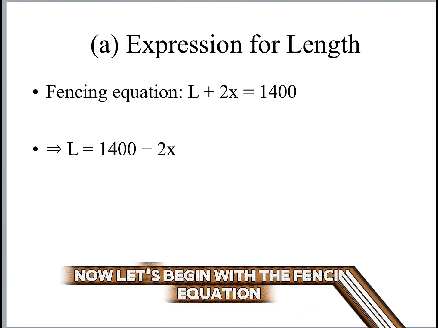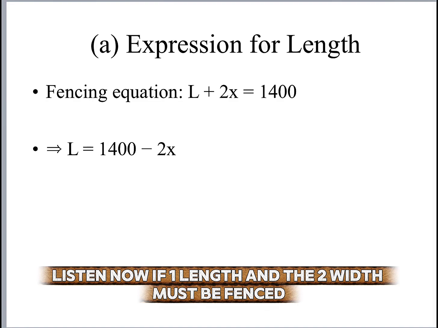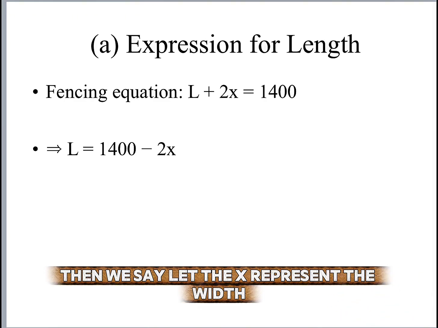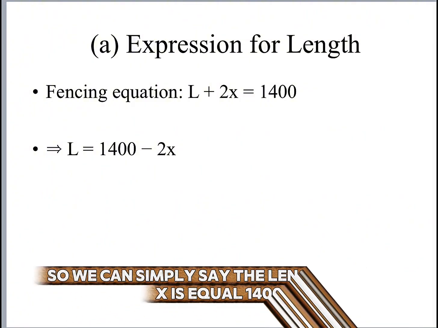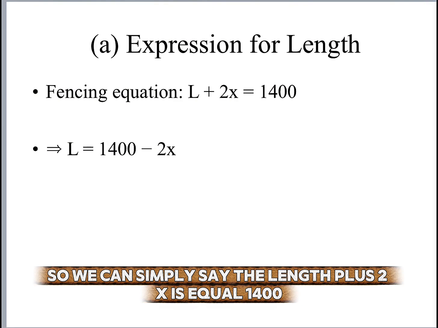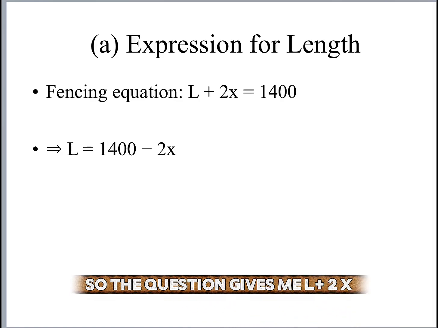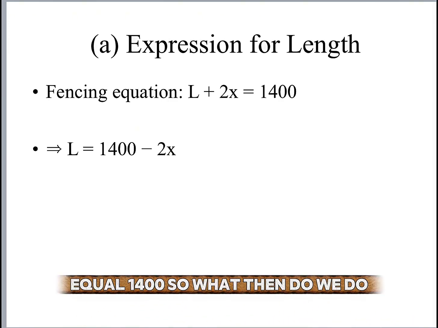Now let's begin with the fencing equation. Listen. If one length and two widths must be fenced, then we let X represent the width and L represent the length. So we can simply say the length plus 2X is equal to 1400. So the equation gives me L plus 2X equals 1400.